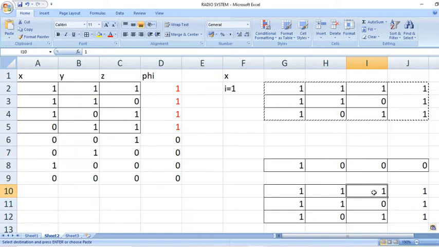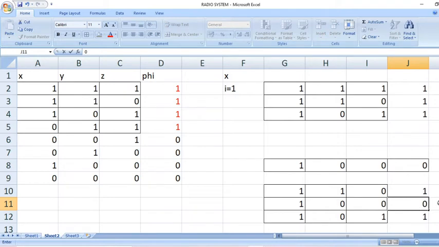Suppose this component becomes 0, then still system is functioning. And suppose this component becomes 0, then system will become 0. So this is critical. That means the second one is critical. And suppose this component becomes 0 in the third vector, then also the system becomes 0.